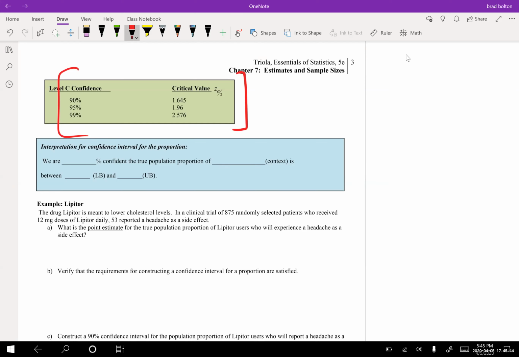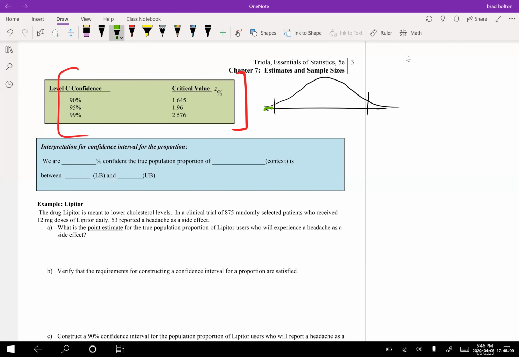In this case, we're using Z alpha over 2. So make sure that you understand this is associated with taking alpha and cutting it in half because you have two different sides that you're separating off. And you'll see graphically what that means. Basically, you're doing this. You have this section over here and this section over here.